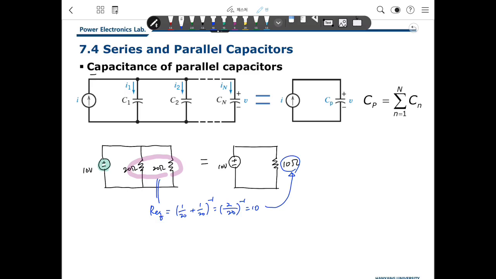It could be connected in parallel or series. So in this chapter we will discuss the equivalent capacitance when capacitors are connected in parallel, or when the capacitors are connected in series.